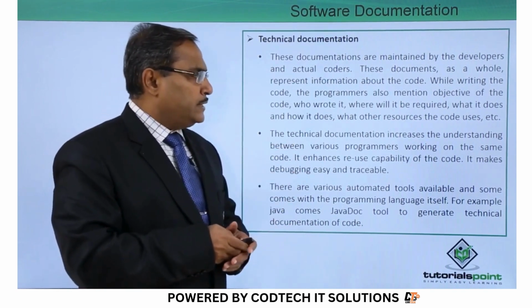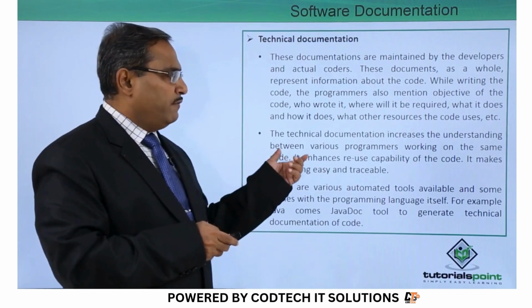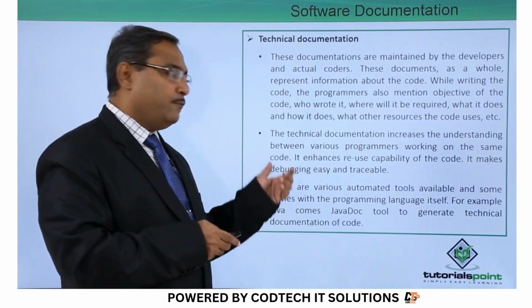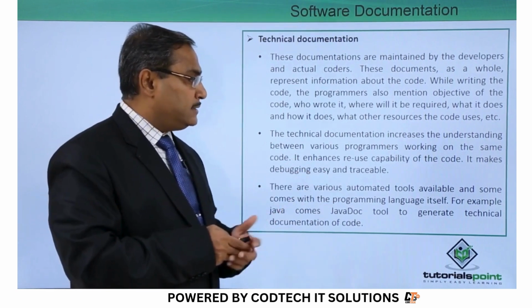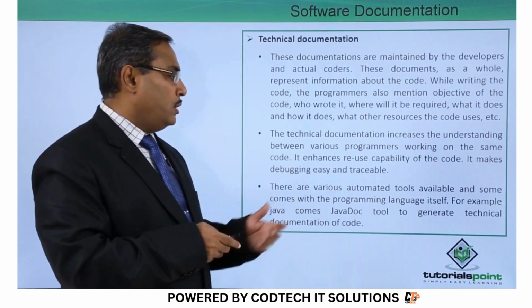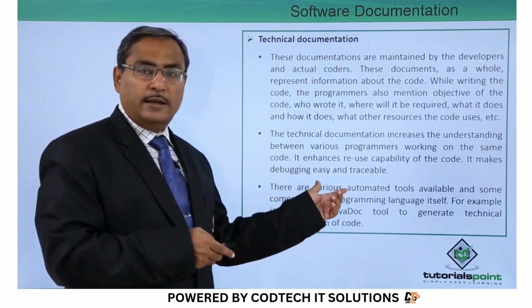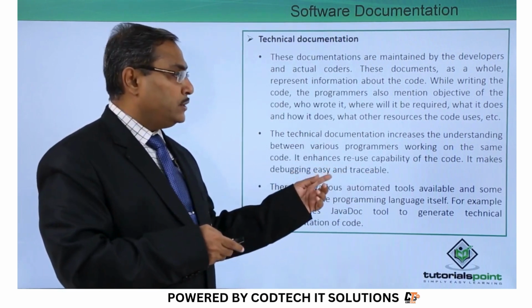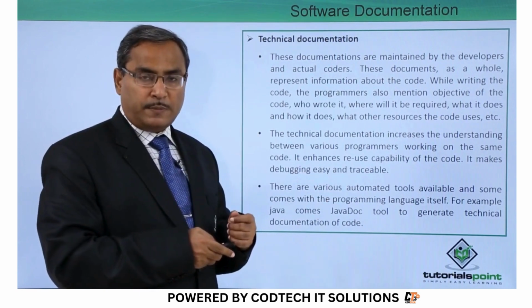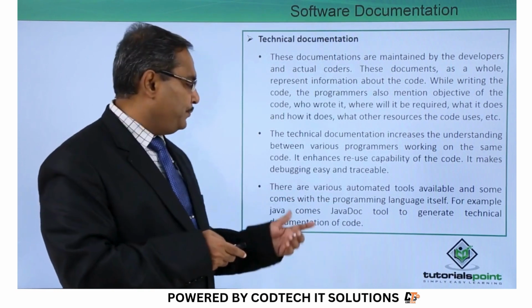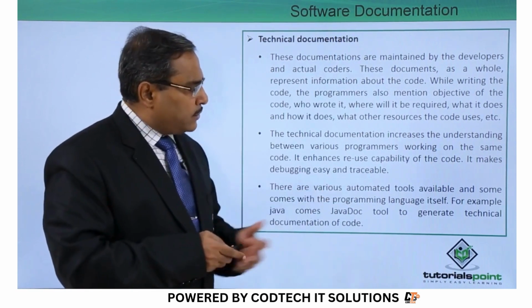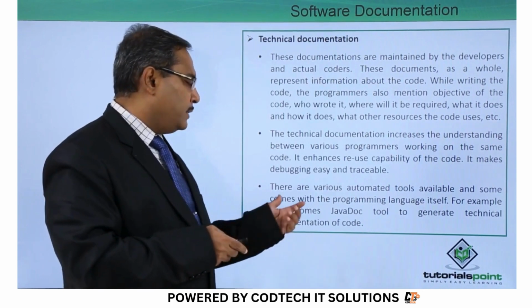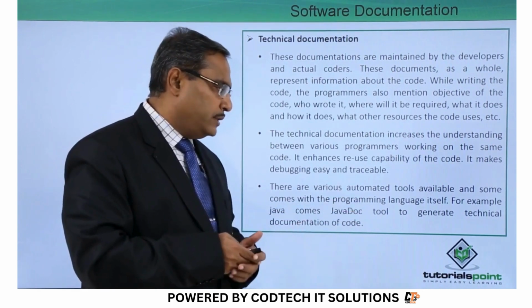The technical documentation increases the understanding between the various programmers working on the same code, it enhances the reuse capability of the code, and it makes debugging easy and traceable. So this is the documentation which will be used by multiple developers and coders working on the same code. There are various automated tools available, and some come with the programming language itself.